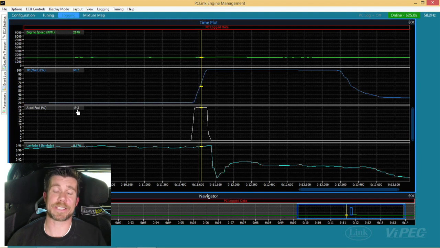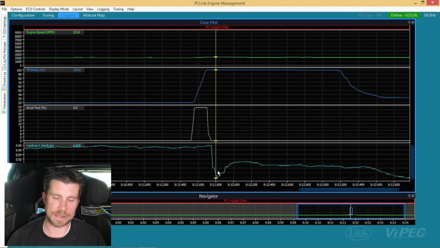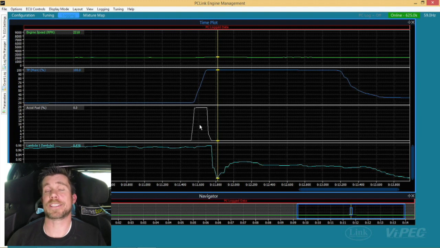You can see our last test we had 12%, this time we've got 19% enrichment being added, and you can see that obviously our lambda plot hasn't responded here. There's a very, very brief lag, if you like, in that acceleration enrichment response, and that's why we're seeing the measured lambda actually fall rich down here once we're already at full throttle and once our acceleration enrichment event has been cleared.